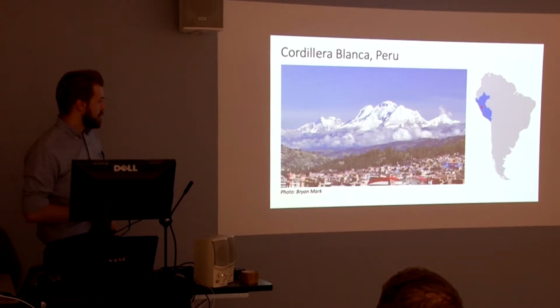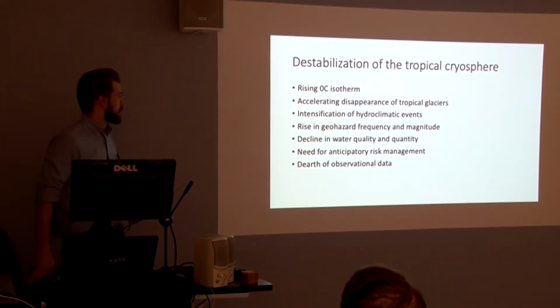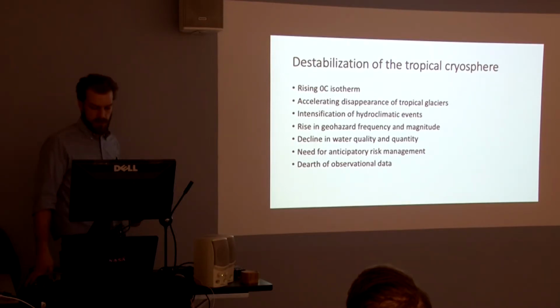So what's interesting about this, and this is where a lot of my interests lie, is that what we're seeing is a destabilization of the tropical cryosphere. And this is manifest in many different ways. We've got the rising of the 0-degree isotherm, which has been documented by Brian and Lonnie here.